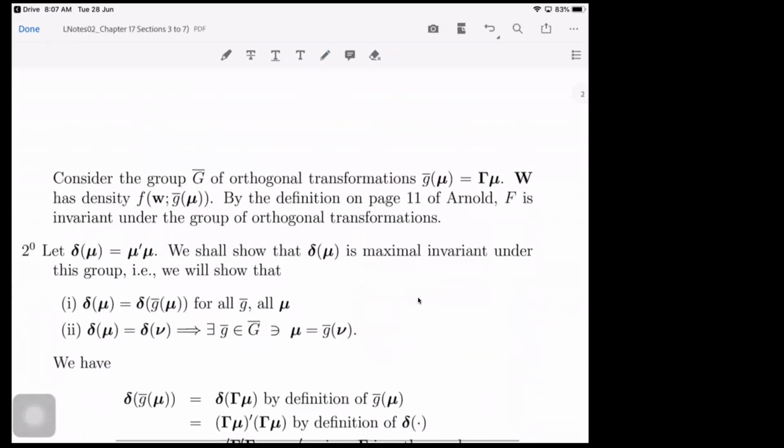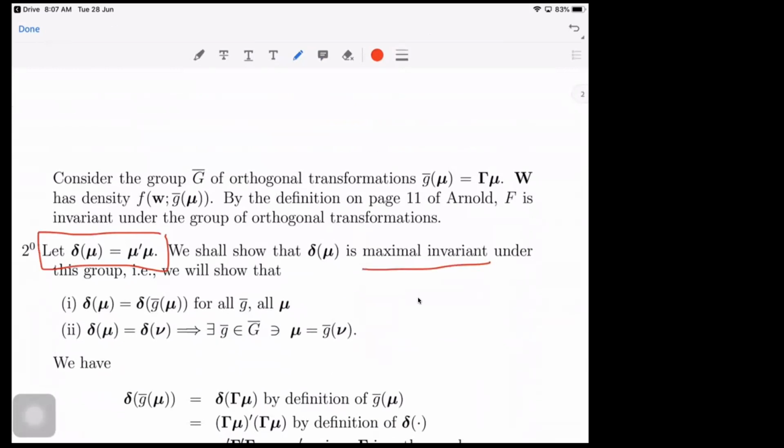And then it will try to look at this mu prime mu and see if it is invariant under this group of transformations. When we are talking about invariance, it has a corresponding group of transformations, and in particular, it is a maximal invariant estimate.